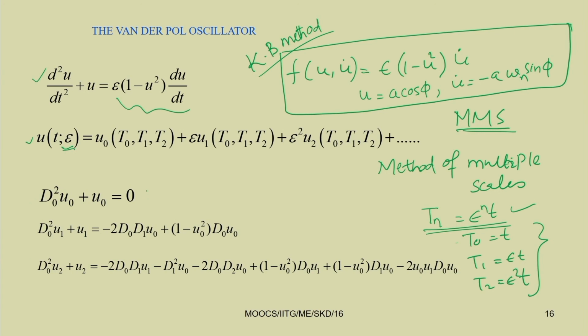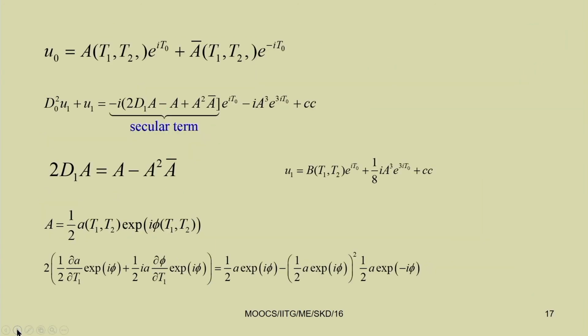Now the solution of D0 square u0 plus u0 equal to 0 is known to you. We can write u0 equal to A(T1, T2), as A cannot be a function of T0, so it can be a function of T1 and T2. It can be written as A(T1, T2) e to the power i T0 plus A bar (T1, T2) e to the power minus i T0.